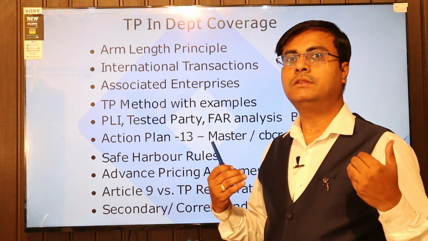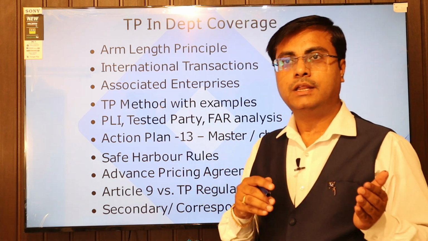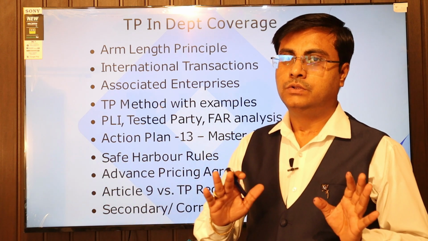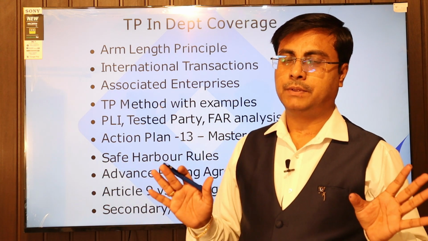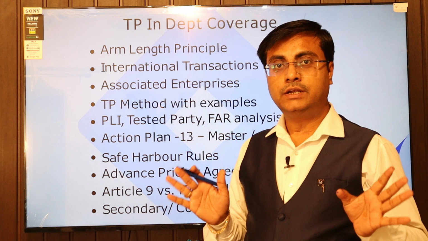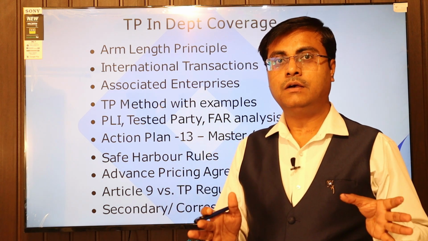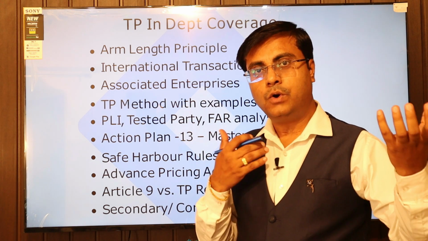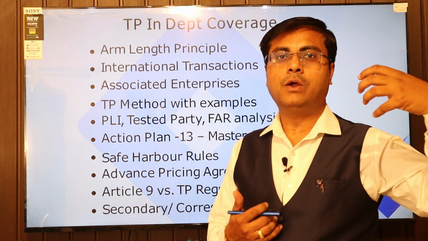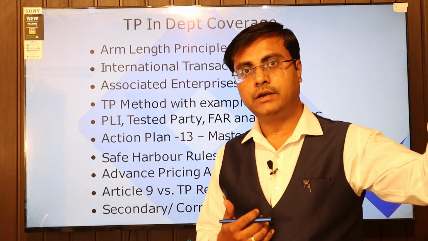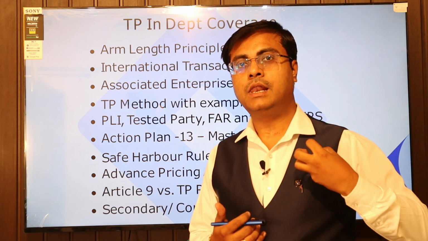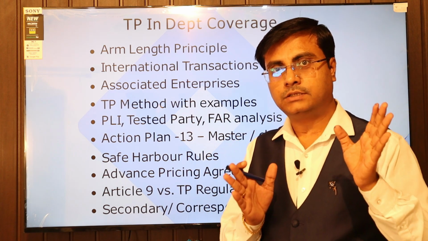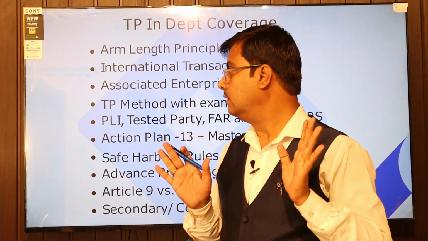If you are dealing with an independent party in an uncontrolled transaction, there is no question of ALP. The ALP question only arises when there are associated enterprises. You are here in India, your parent company is situated outside India, you are importing material and exporting your product outside India, so your transaction should be at arm's length.